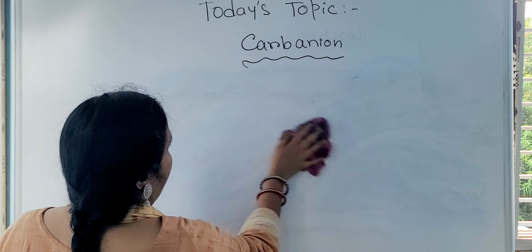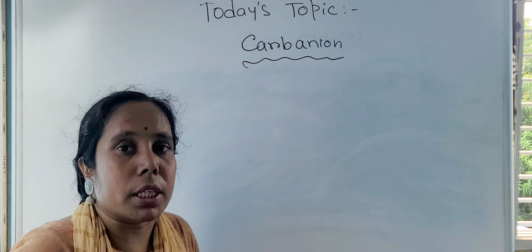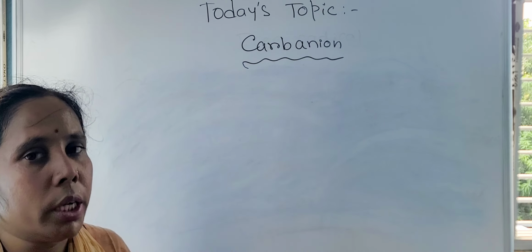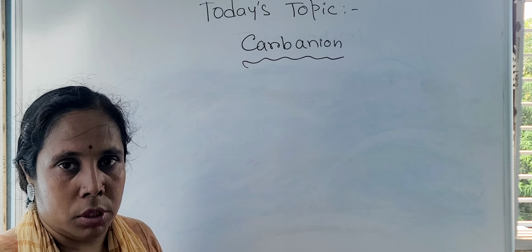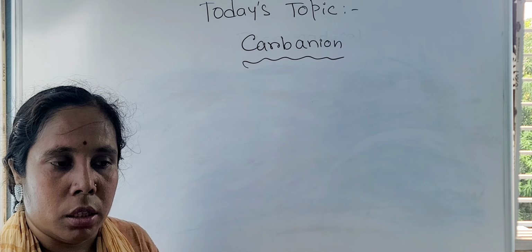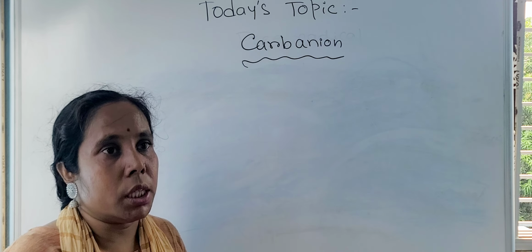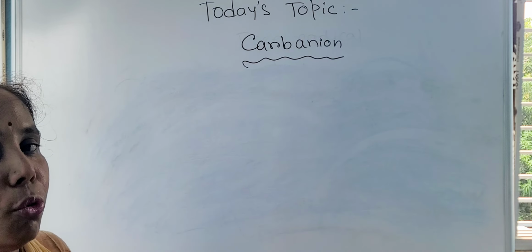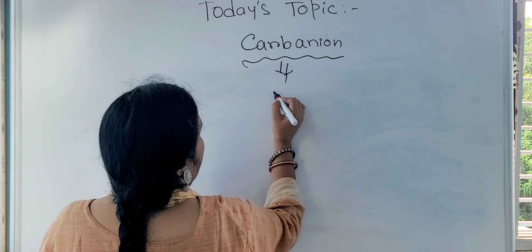Now we have more fun, because already we know about two electron deficient intermediates: one fully electron deficient intermediate, that is carbocation, and a partially electron deficient intermediate, that is radical. We already saw their nature. Now it is a fully electron rich species. Carbanion is an electron rich species.